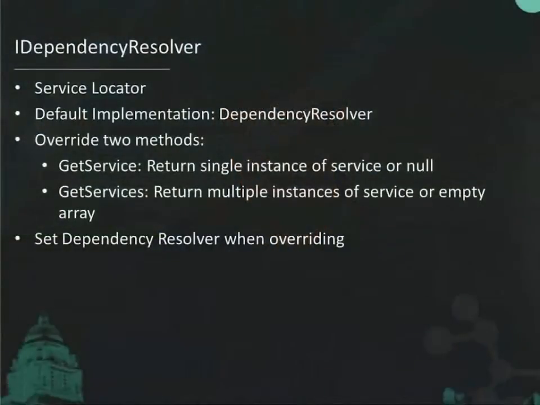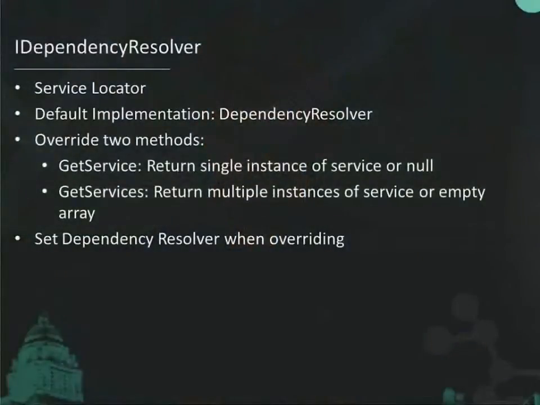So, in MVC 2, if I wanted to create my own controller factory where I could implement my own IoC container that would resolve and create my controllers, in MVC 3 that's not the approach to take anymore. What we do is implement an IDependencyResolver, which basically has two main methods, GetService and GetServices. GetService gets a service that's registered singularly, which means there's only one instance of that service, whereas GetServices can return multiple instances.